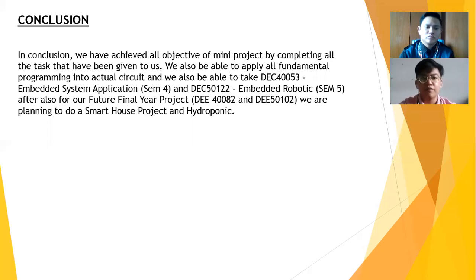For our future final year projects, DE 402 and DE 50102, we are planning to do a smart house project, which is Awang Amirul's project, and my project is hydroponics.